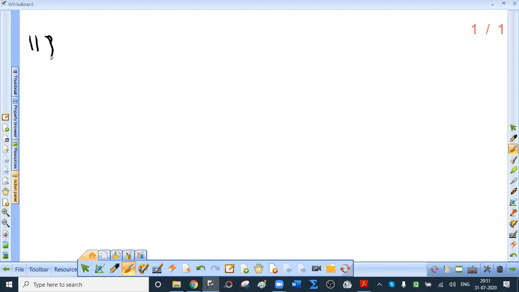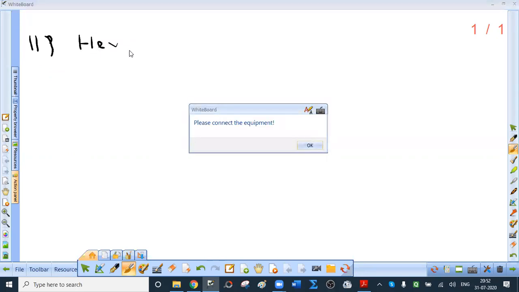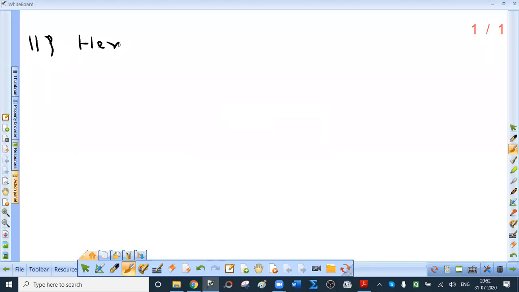Okay, so write down. Here, h equal to, it is given 3 plus 14t minus what? 5t square.